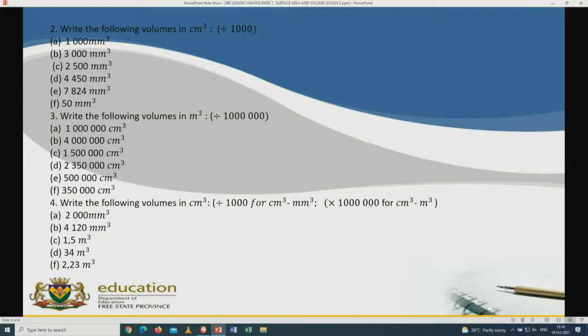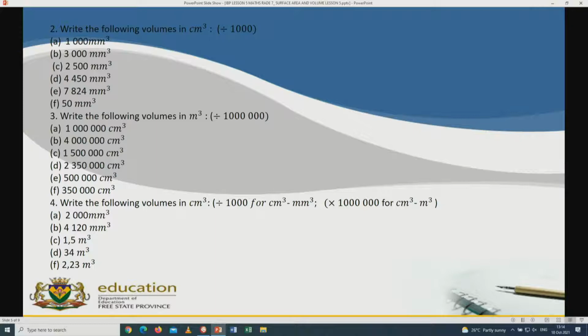Let's go to number 4, interesting ones. Now in number 4, write the following volumes in cubic centimeters. Now they are mixed up. We have cubic millimeters, which must be converted to cubic centimeters. And we also have the cubic meters, which must be converted to what?